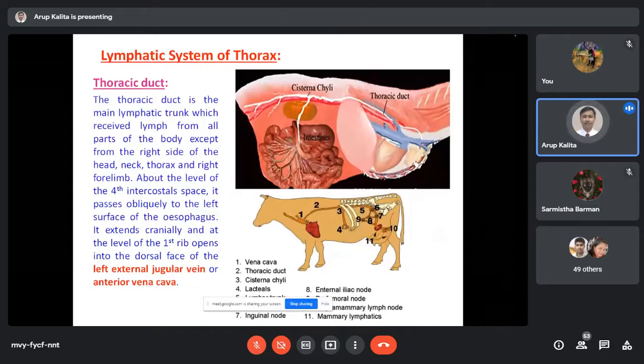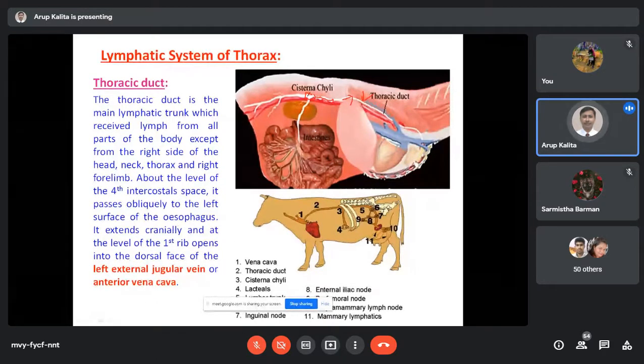Next is thoracic duct. Now what will happen? From the cisterna chyli, it is the storehouse of the lymph. It will come forward and it will cross the diaphragm through the hiatus aorticus. Then once it crosses the diaphragm, it will enter into the thoracic cavity.